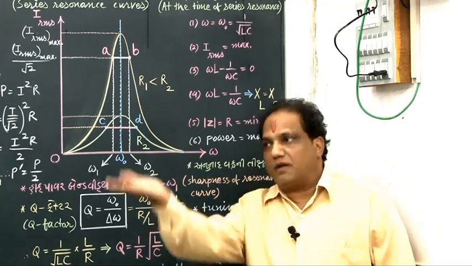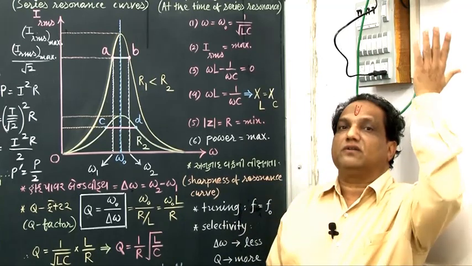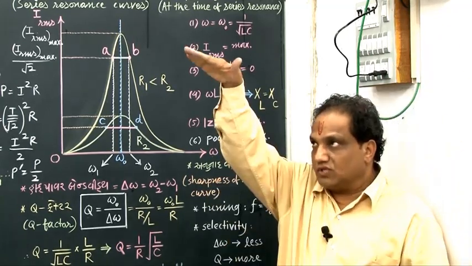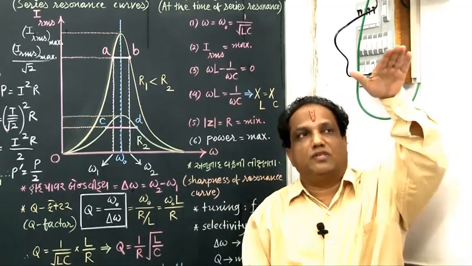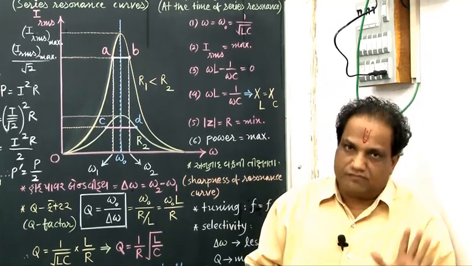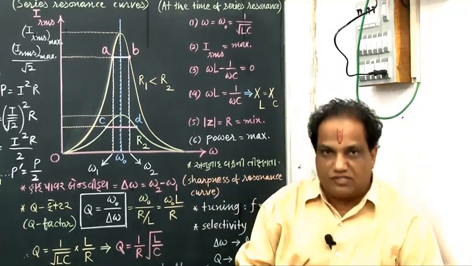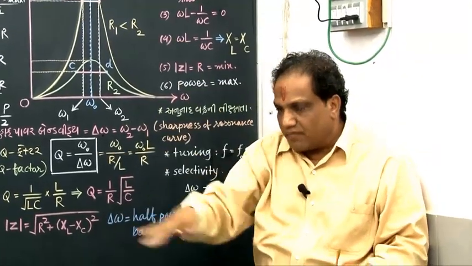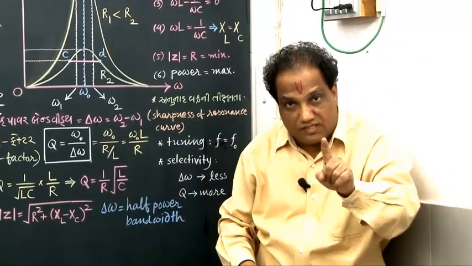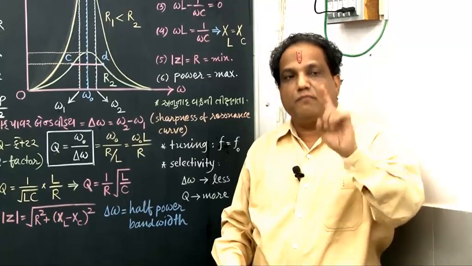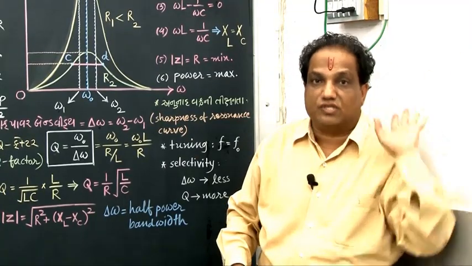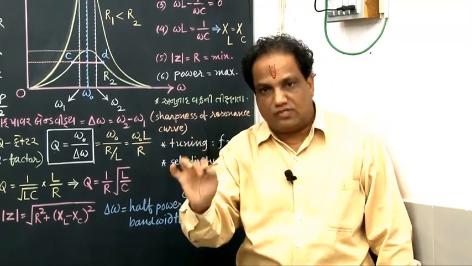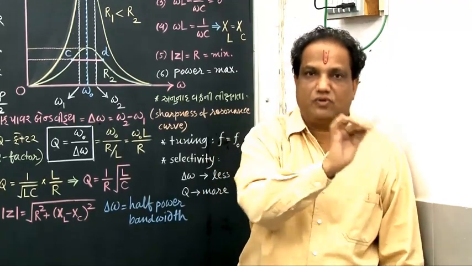Greater is the sharpness, greater is the Q factor. Smaller is the sharpness, smaller is the Q factor. Thus, Q factor gives a measure of the sharpness of the resonance curve.